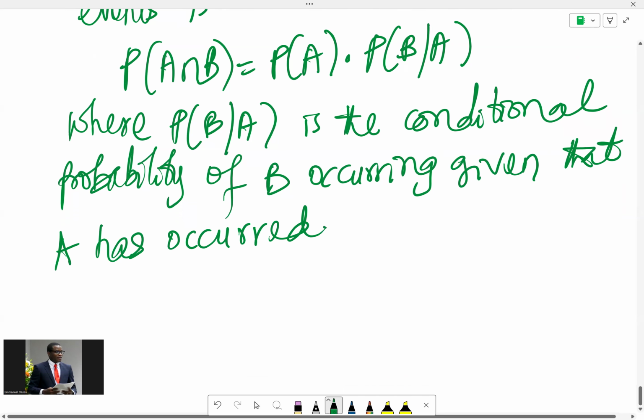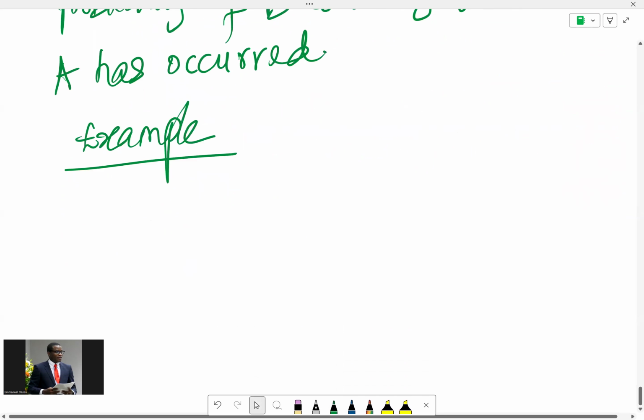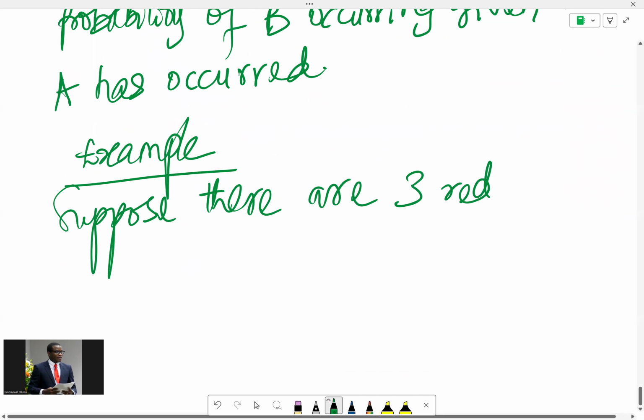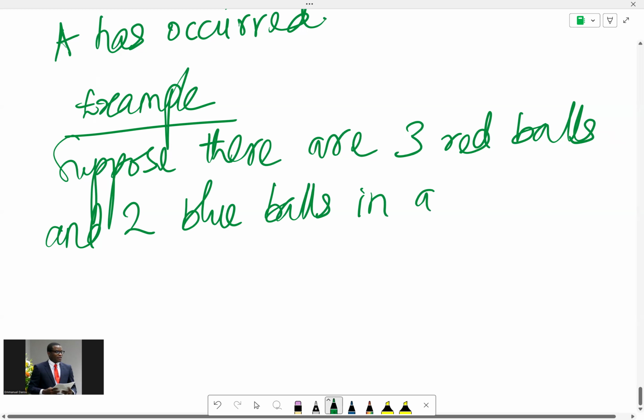Okay. So for example, suppose there are 3 red balls and 2 blue balls in a bag.